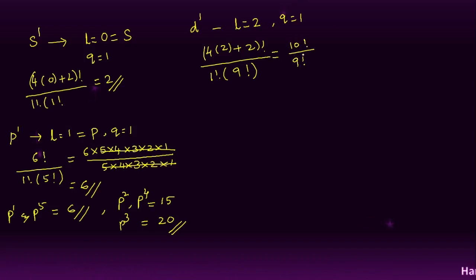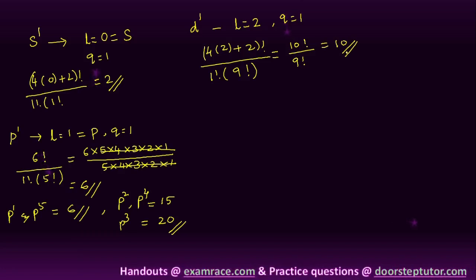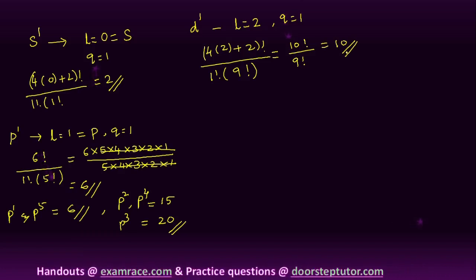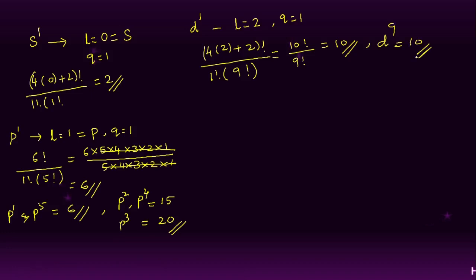So 9 factorial gets cancelled, and the number of microstates is 10 only. Similarly, the D9 configuration also gives 10 microstates. So D1 and D9 configurations are the same.